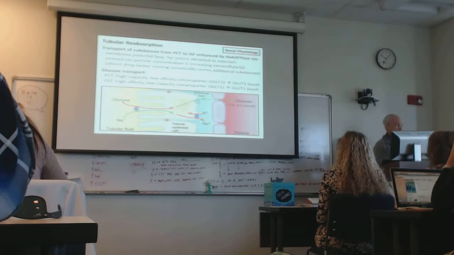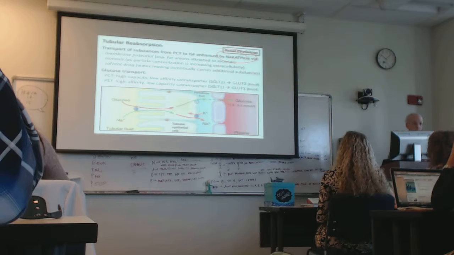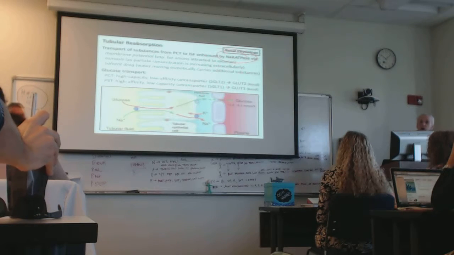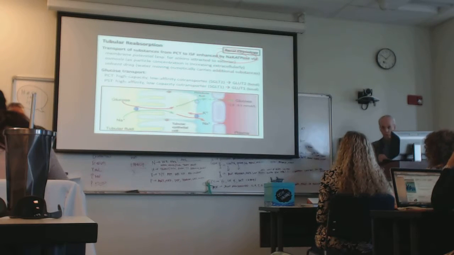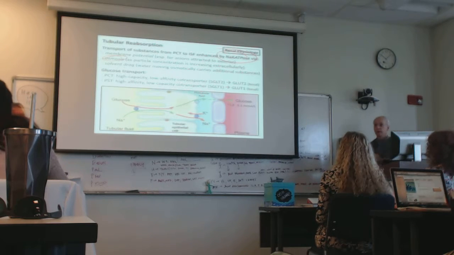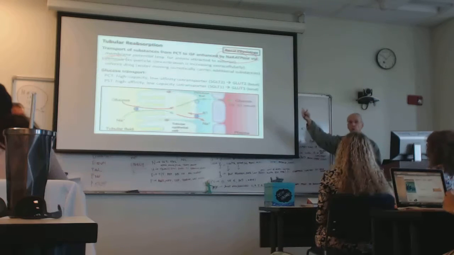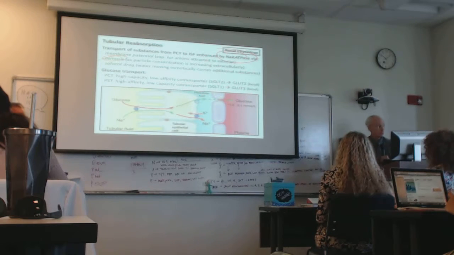So that membrane potential difference, which in part is attributable to that sodium-potassium pump, is another aspect of this reabsorption. It favors movement of, for example, ions across the membrane. The sodium-potassium pump is also important for its effects on osmosis. We talked about the fact that it's pumping a higher number of total particles outside than inside. It's going to contribute in that way. And then there's something called solvent drag.